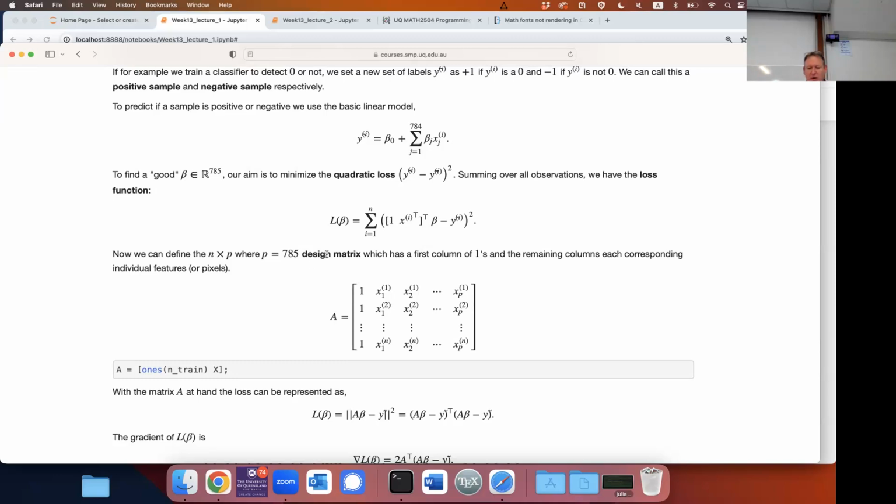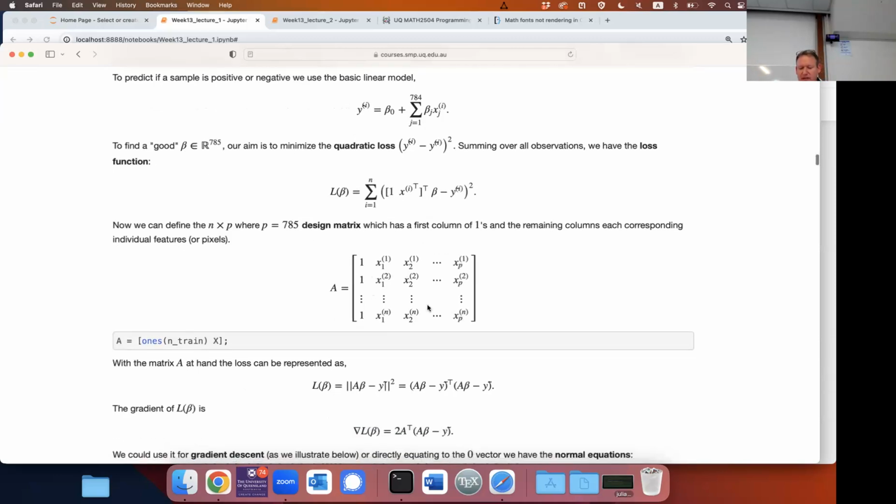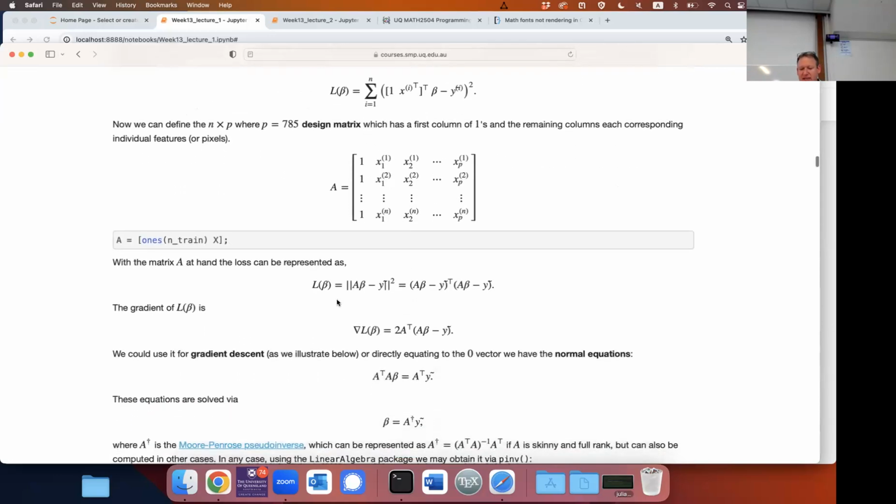Okay, and then we put this in what's called a design matrix. This is also basic stats, and then we decided on a loss function. Now, almost all machine learning problems have an inherent loss function. And the loss function is something that we often engineer for the problem, such that minimizing the loss is both computationally feasible and works, and minimizing the loss will ideally give us good performance, right?